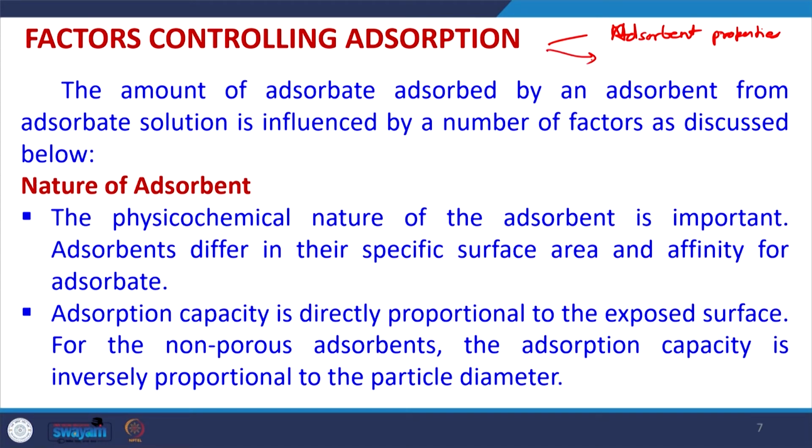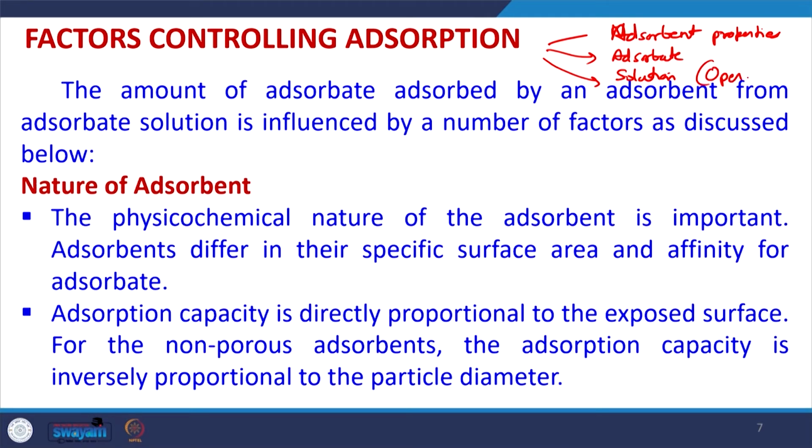Second is the properties of the adsorbate, which may also be crucial in deciding whether adsorption may or may not occur. And third is the solution itself, whether it is acidic, basic, gas phase, liquid phase, etc. All these factors may affect the treatment.